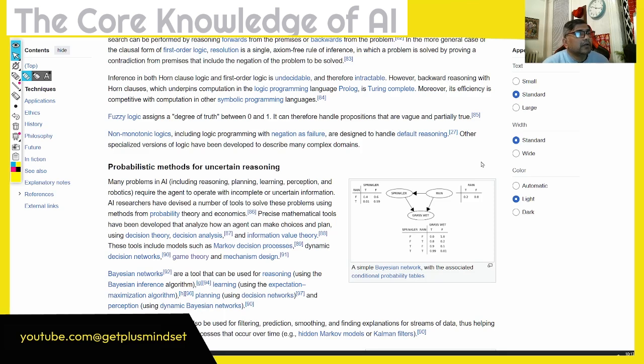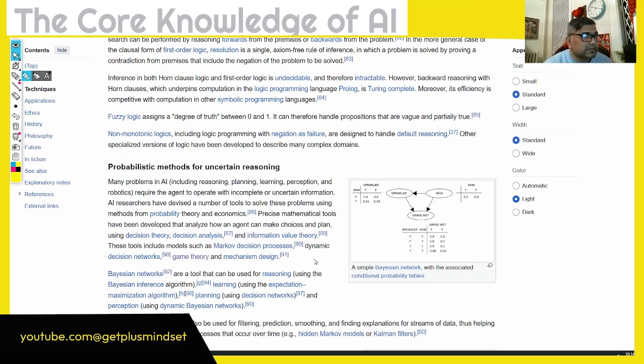One very famous statistical theory here is probability. So let us read this section, I'll explain it. Many problems in AI require the agent to operate with incomplete, uncertain information. That means you are asking something and the model has no answer about this.